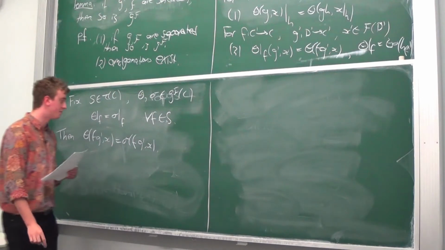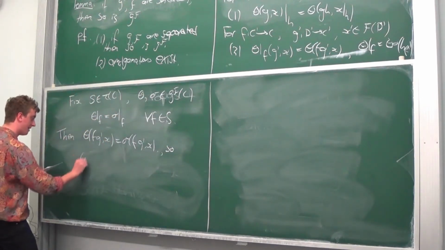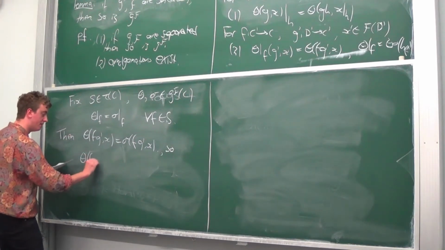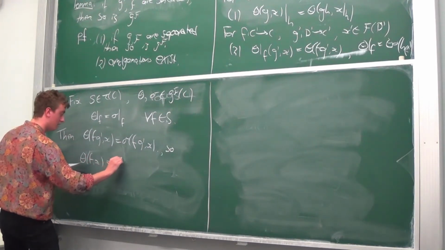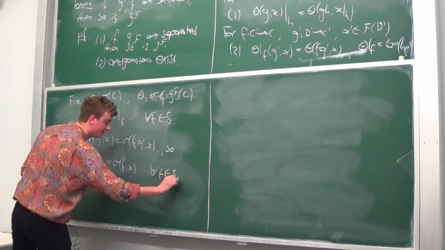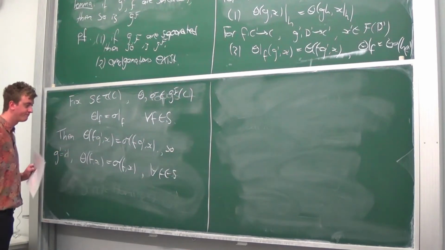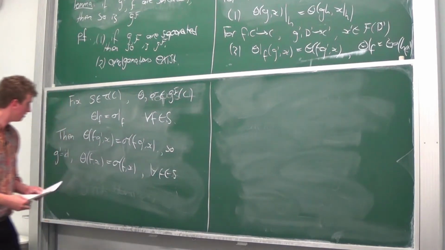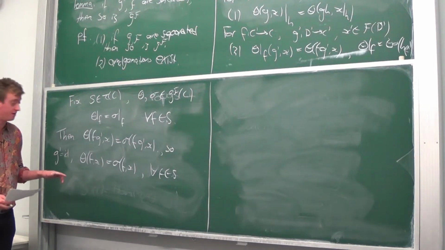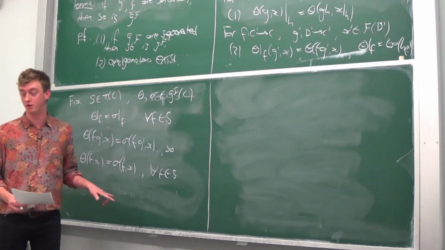So if we just take g prime to be the identity, we get that theta of f x is equal to sigma of f x for all f in S. Okay, so we're almost there now, because what we need to show is that this holds for all morphisms in C, and at this stage we've just shown it holds for all covers.